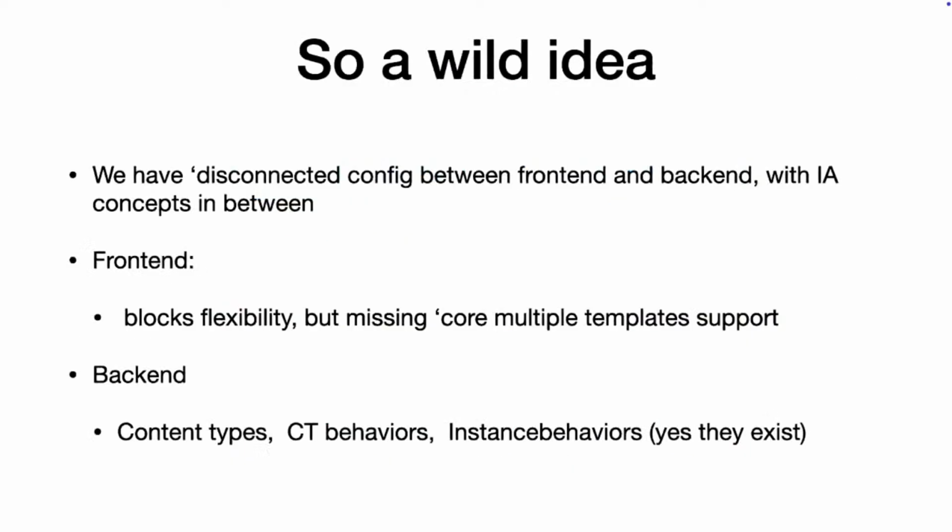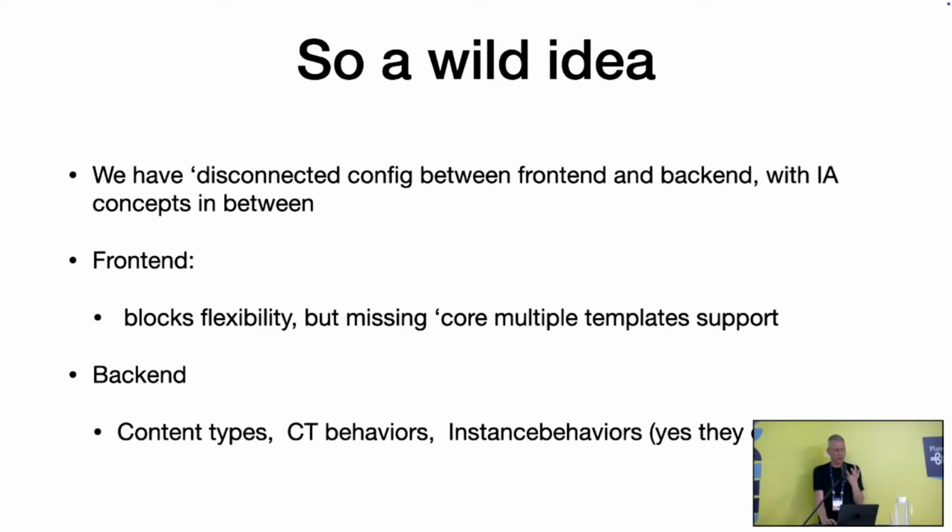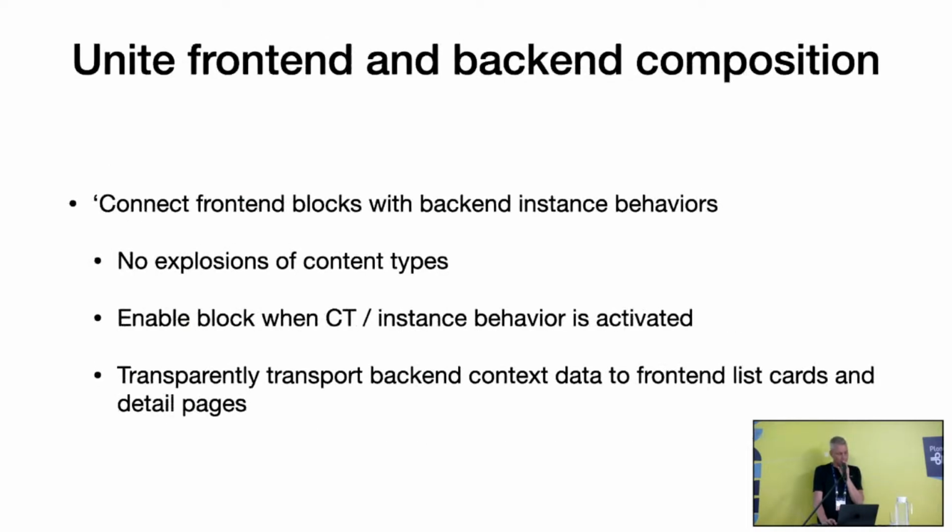We have this disconnected config between front-end and backend with information architecture concepts in between. We have blocks flexibility, but we're missing core multiple templates and the other things. In the backend, we have content types, content type behaviors, but we also already have instance behaviors. So why don't we connect the front-end blocks with the back-end instance or class behaviors and say, look, then you no longer have an explosion of content types. Well, you can do, of course, as an integrator.